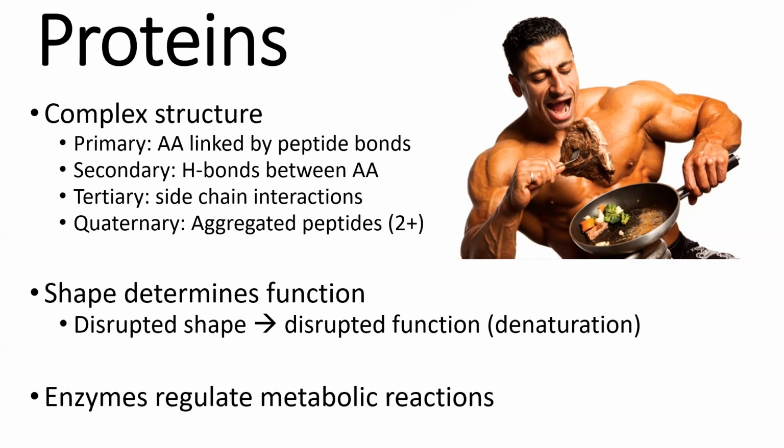So you have, again, the van der Waals forces, hydrophobic interactions, ionic bonds, hydrogen bonds, and then disulfide bridges. And then finally, the quaternary structure is taking two or more tertiary structures and combining them together to form this ginormous complex protein.